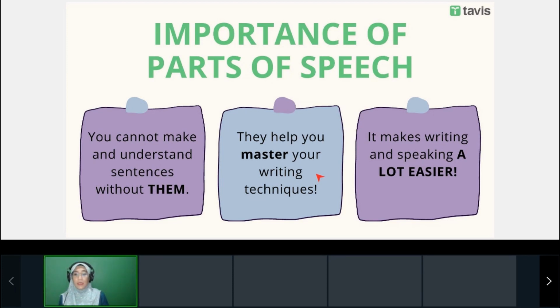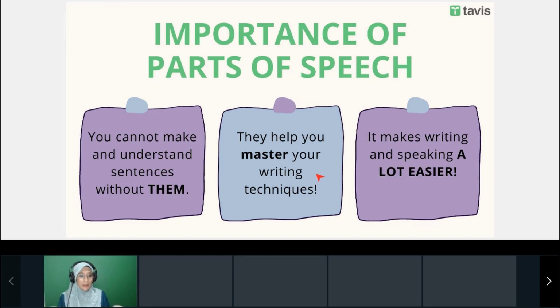If a simple question like, what do you like to eat? Tell me in writing, what do you like to eat? You will have your sentence formation as simple as I like or I love, what?